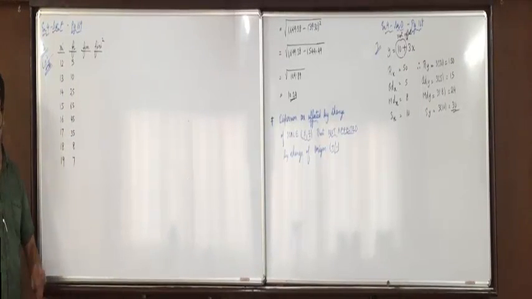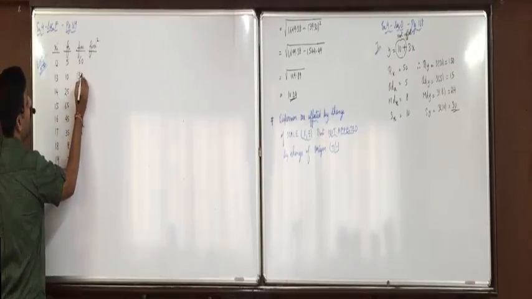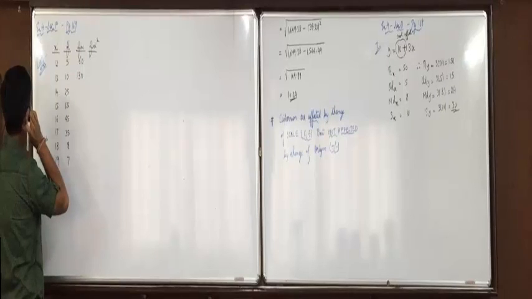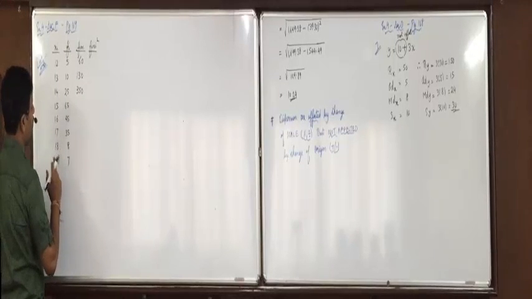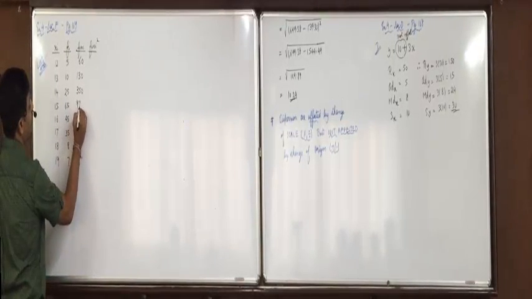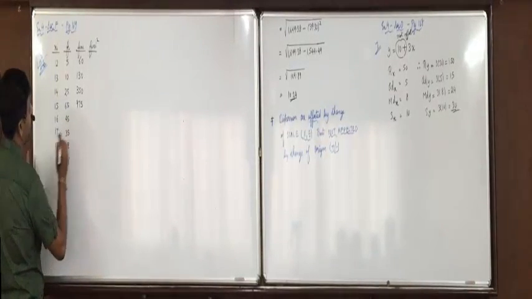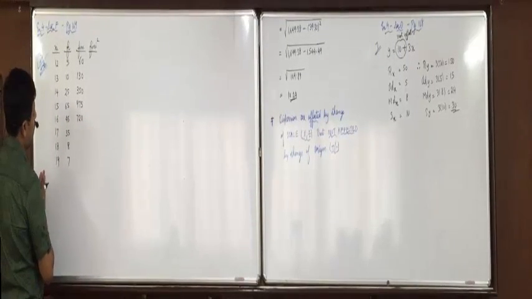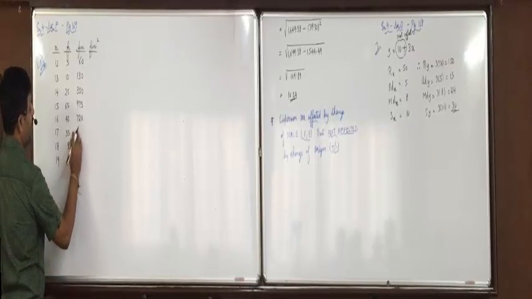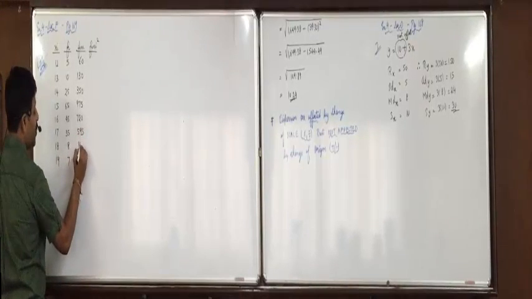Shall we proceed? You'll use the memory functions. So do it. 12 into 5, M plus, do you get 60? Yes. 13 into 10, M plus, 130. 14 into 25, M plus, 350. 65 into 15, M plus, 975. 45 into 16, M plus, 720. 35 into 17, M plus, 595. 18 into 8, M plus, 144.